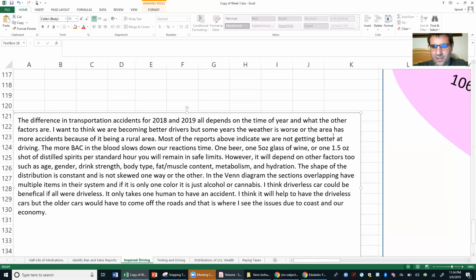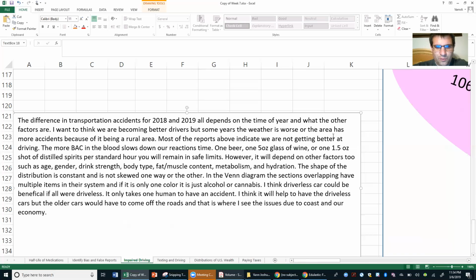In the Venn diagram, the sections overlapping have multiple substances in their system, and if it is only one color, it is just alcohol or cannabis. I think driverless cars could be beneficial if all were driverless.